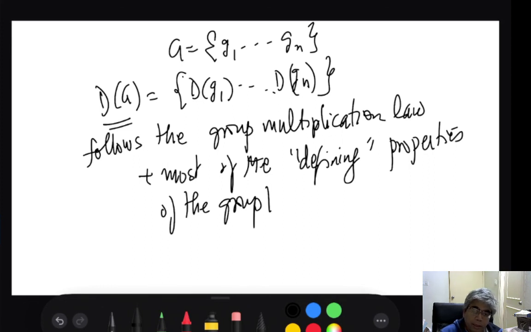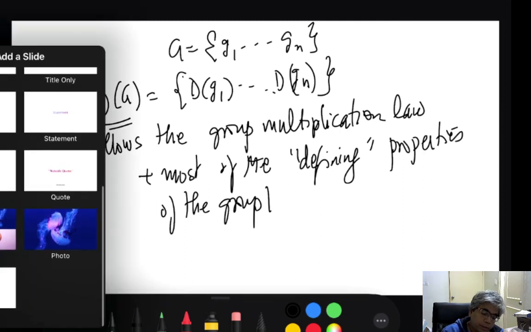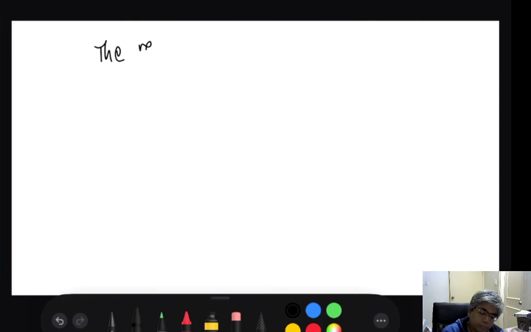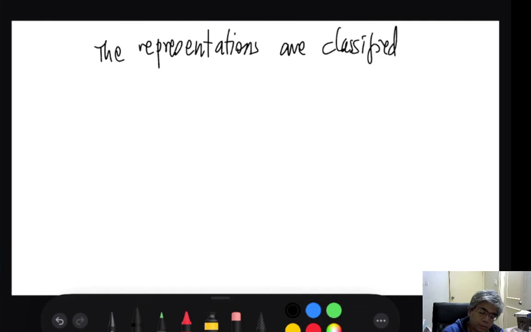And furthermore, the representations are classified in terms of the dimensions.